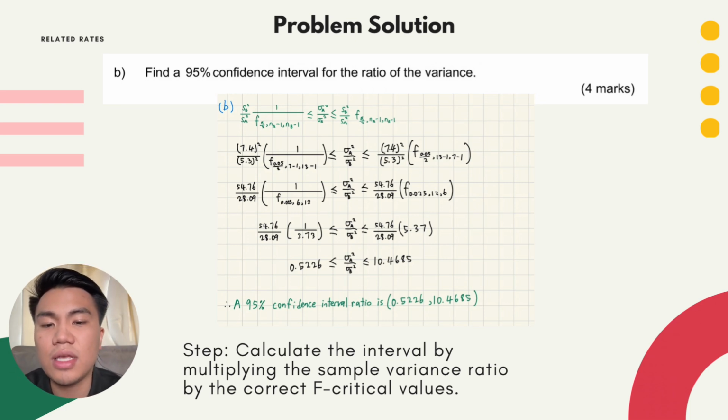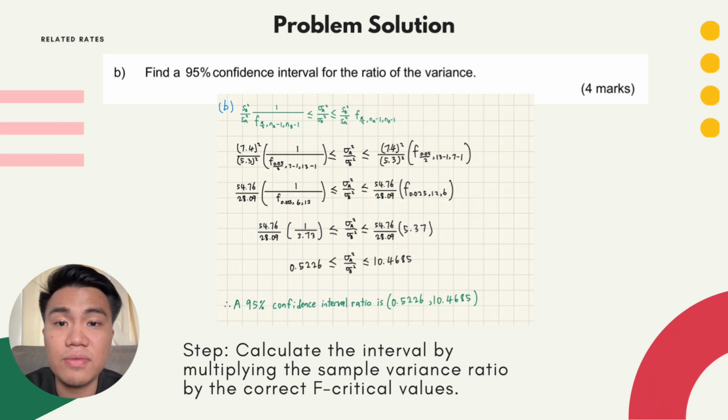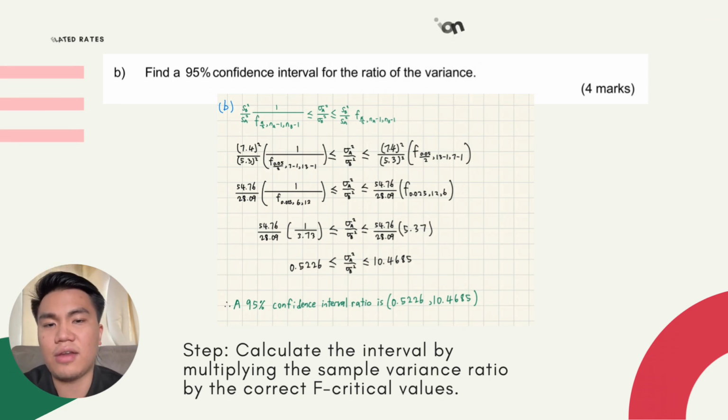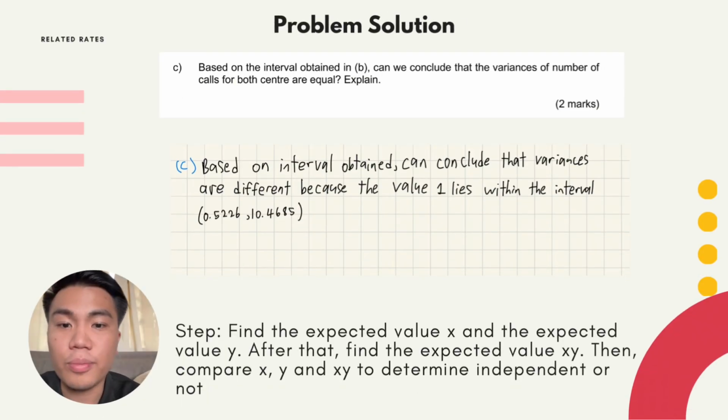Plugging these values into my formula, I have the expression 54.76 over 28.09 times 1 over 3.73 on the left and 54.76 over 28.09 times 5.37 on the right. Performing this arithmetic, I calculated the final 95% confidence interval ratio to be 0.5226, 10.4685.